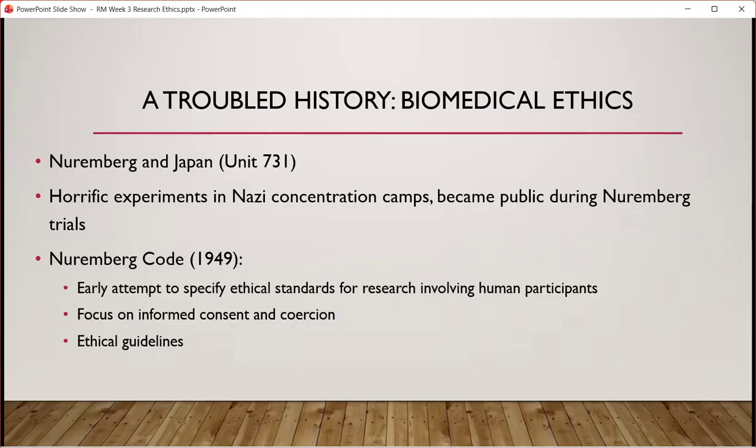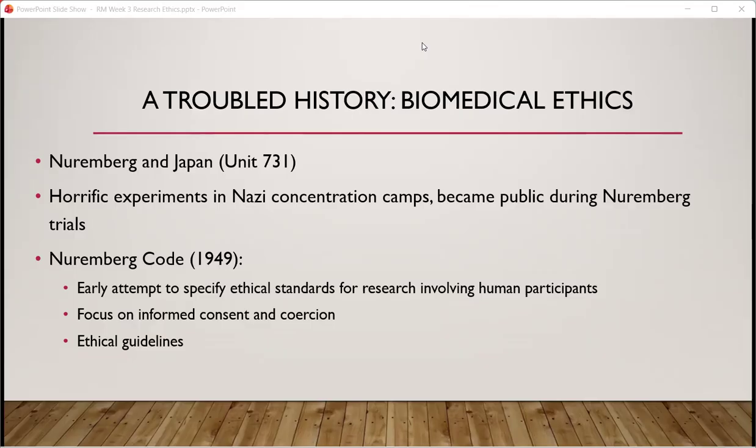We also have all of the well-publicized awful experiments conducted by Mengele in the Nazi concentration camps. All of these became public during the Nuremberg trials in the late 40s after the war ended.